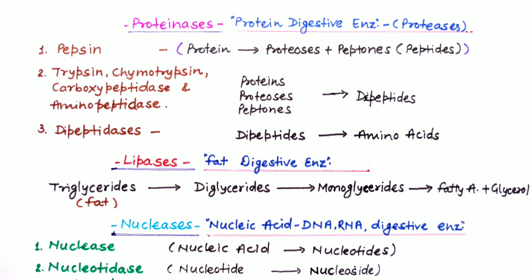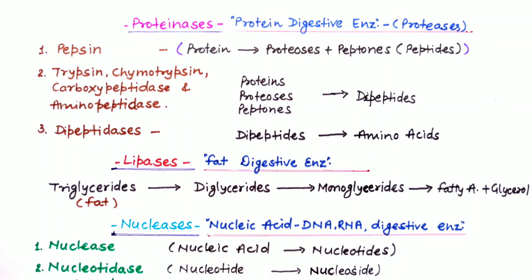The last one is nucleases, for nucleic acid digestion. There are two nucleic acids, DNA and RNA, deoxyribonucleic acid and ribonucleic acid. These are also polymers, like polydeoxyribonucleic acid and polyribonucleic acid. Nucleases convert nucleic acid into nucleotides.